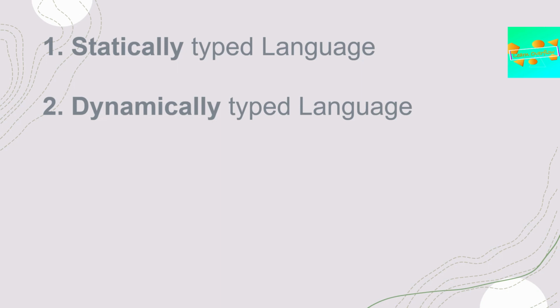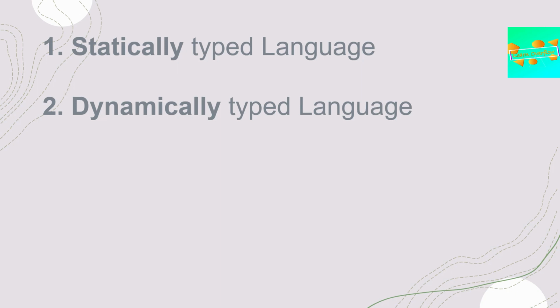The static stage is statically typed languages, and the second one is dynamically typed languages. In the simplest terms, a static stage is when the data types are checked before execution, and a dynamic stage is when the data types are checked during the execution.